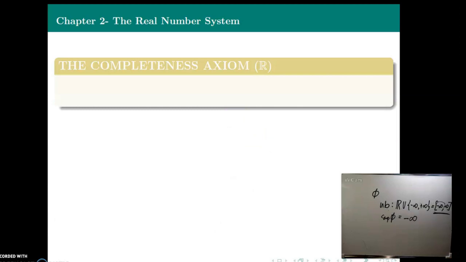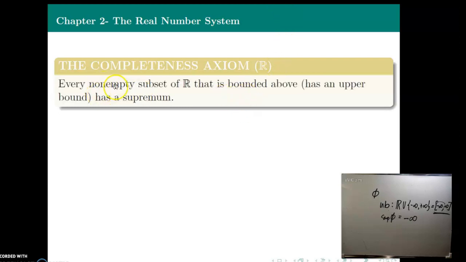Okay, for the completeness axiom, with respect to the set of real numbers, every non-empty subset of R that is bounded above has a supremum. So, actually this statement is not proven, but it is generally accepted.